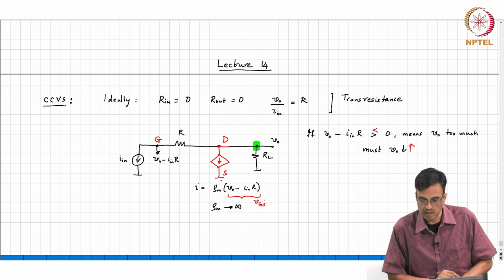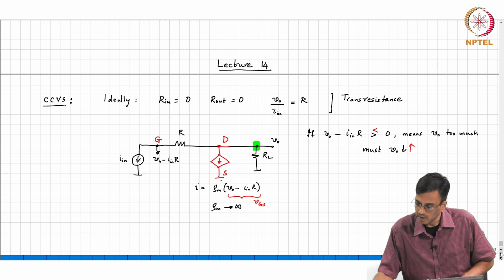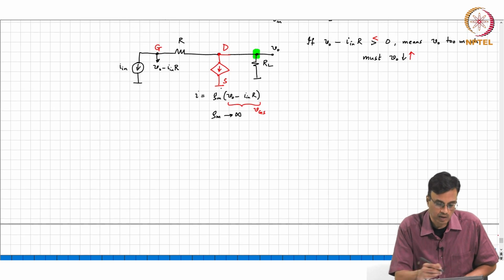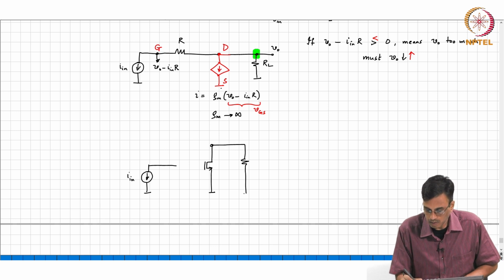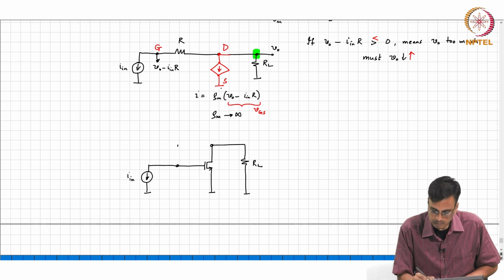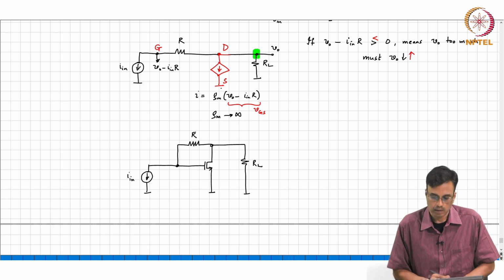The gate voltage is V naught minus In times R. Source voltage is 0, and therefore this is the transistor, and we draw it so this is In, that is RL, that is R.